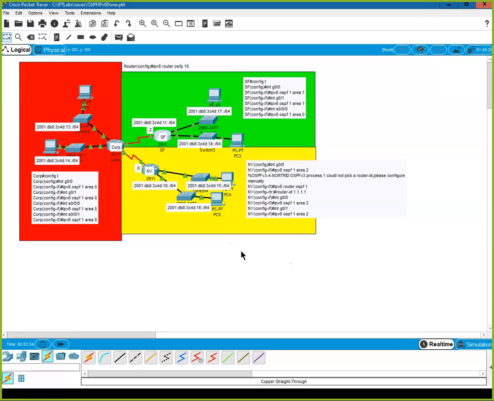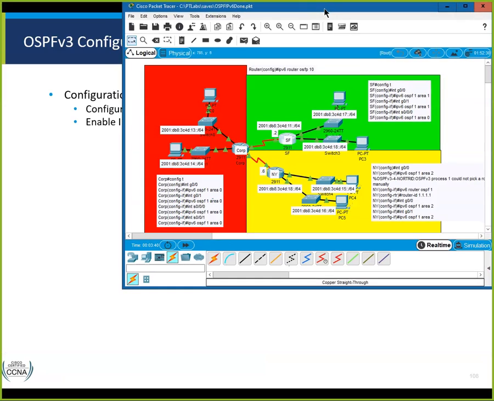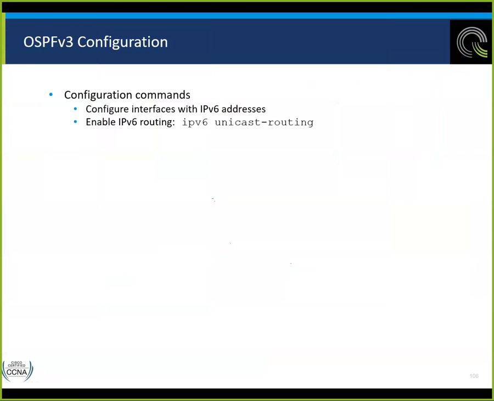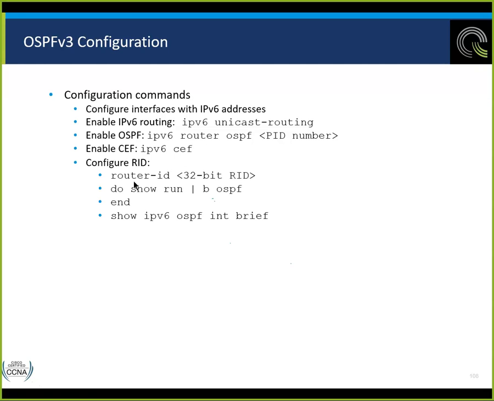This one happened to pick up, because it's a dual stack with both version 4 and version 6 addresses on it, the IPv4 address as the router ID. But first we turn on the IPv6 unicast routing, enable the process with IPv6 router OSPF, enable Cisco Express Forwarding on it, and then give it a router ID.